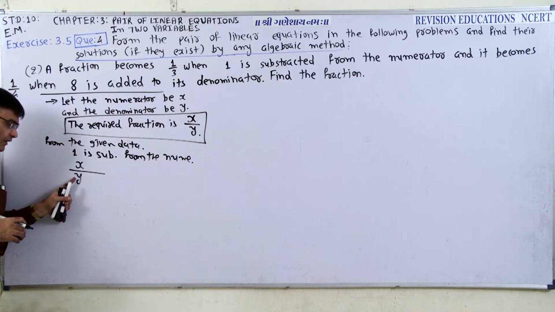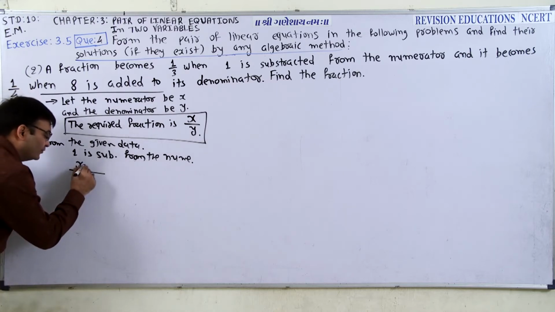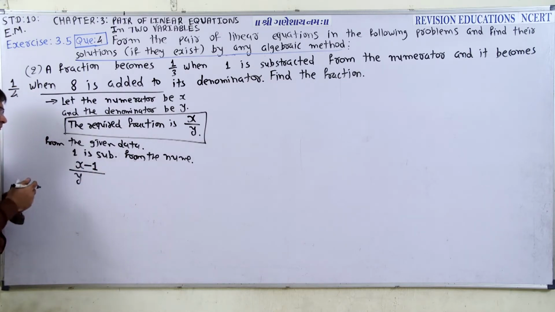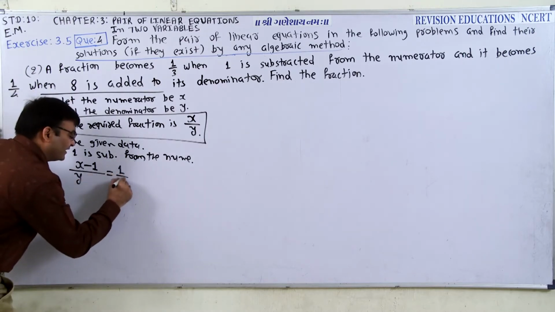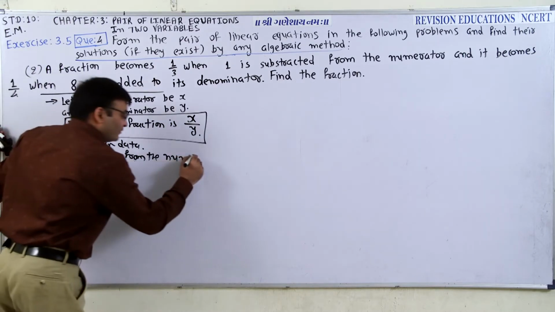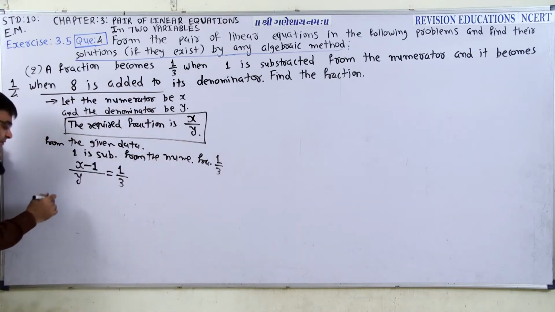This is our original fraction x upon y. 1 is subtracted from the numerator, that is x minus 1 upon y. The fraction became 1 by 3, so we write here 1 by 3.